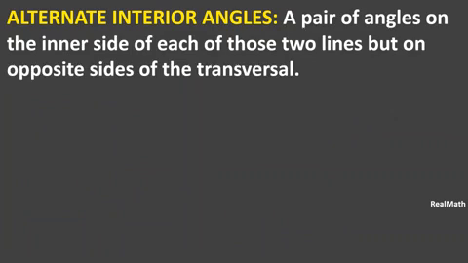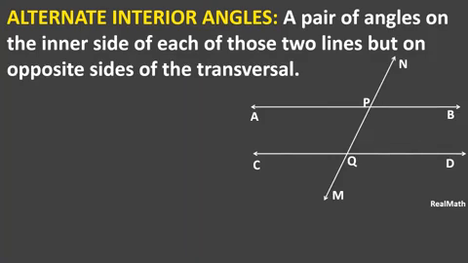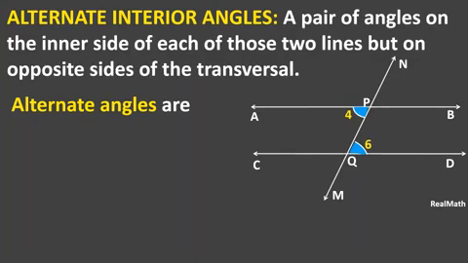Alternate interior angles. It's a pair of angles on the inner side of each of the parallel line but on the opposite side of the transversal. Now the alternate interior angles, or otherwise it is simply called as alternate angles, are, you can see 4 and 6. 4 and 6 are inside the parallel line and it is in the opposite sides of a transversal.